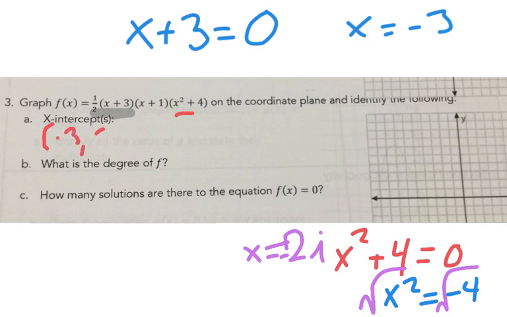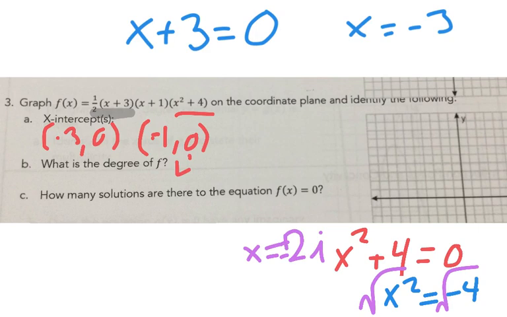Okay, yeah. So the x-intercepts are at (-3, 0) and at (-1, 0). While the other roots are still roots, they're not considered x-intercepts because the graph doesn't cross the x-axis there. What did we say the degree was? 4. How many solutions are there to the equation f of x equals 0?